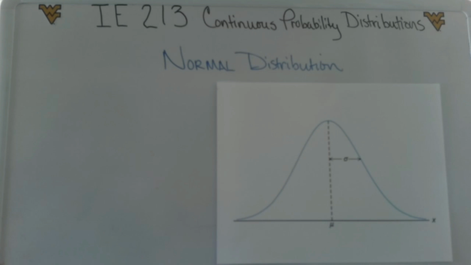The curve has its points of inflection at x equals mu plus or minus sigma. So at one standard deviation, those are the points of inflection. It is concave downward if mu minus sigma is less than x and x is less than mu plus sigma, and it's concave upward otherwise.